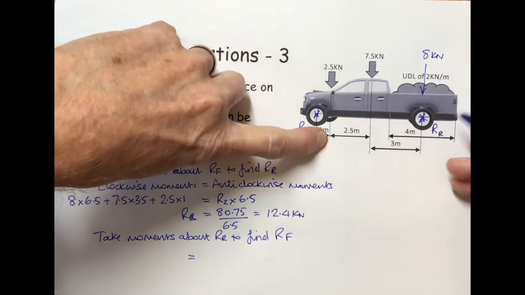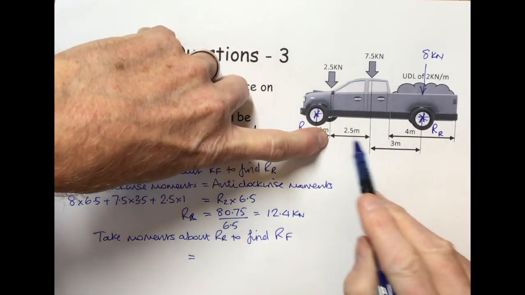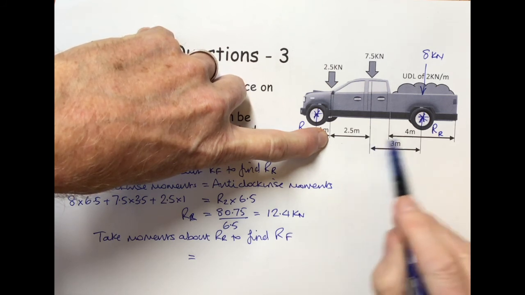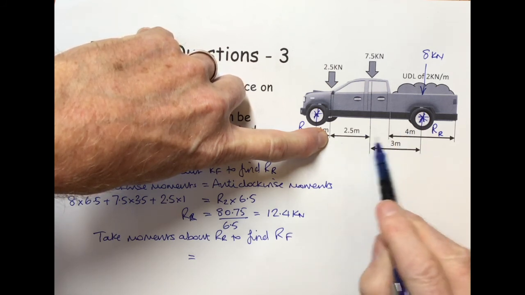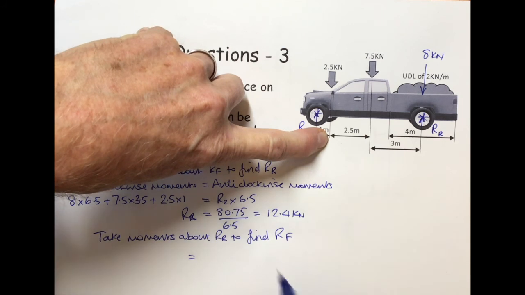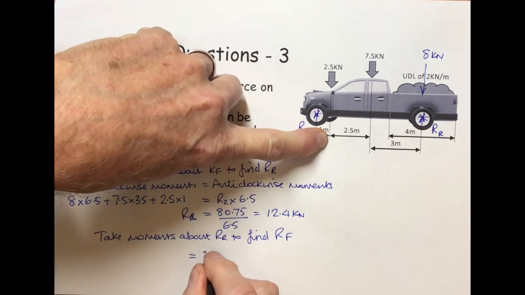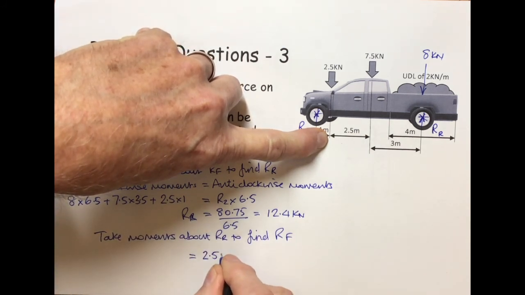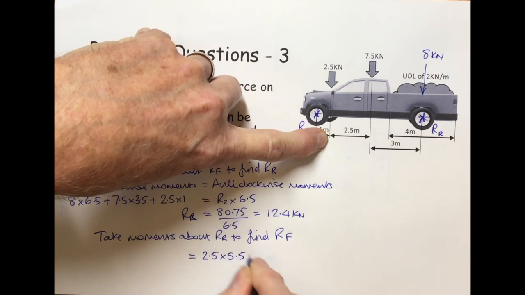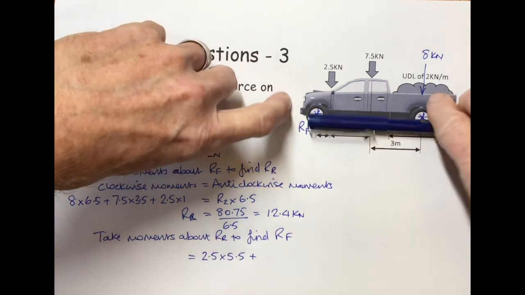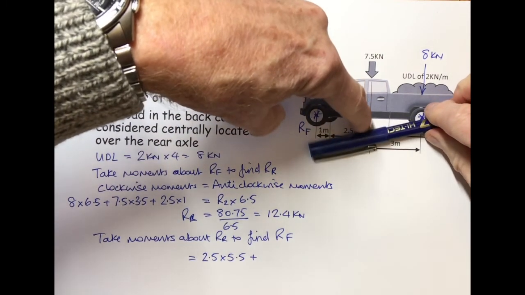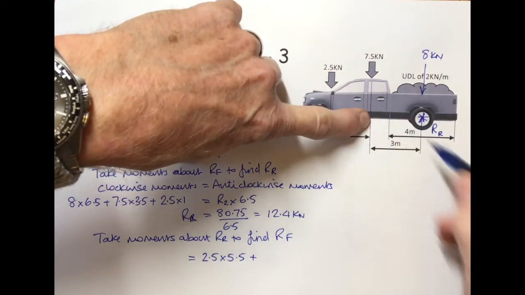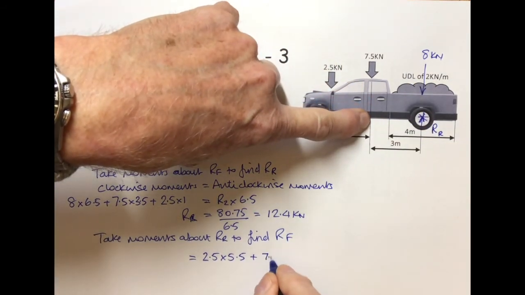So anti-clockwise, and that is going to be 2.5 plus 3. Be careful here. 2.5 plus 3, so that's 5.5 equals 2.5 times 5.5 plus this one here. Again, it's also acting anti-clockwise, so that's 7.5 times 3.